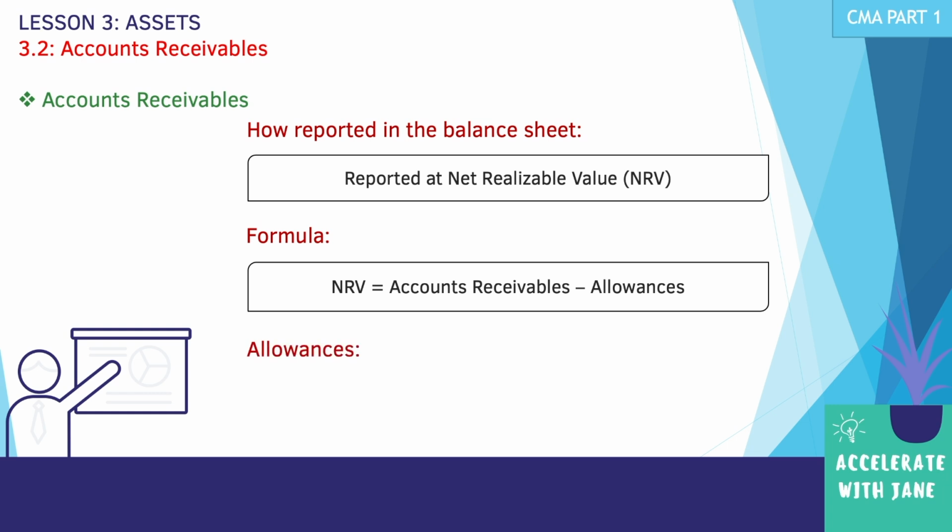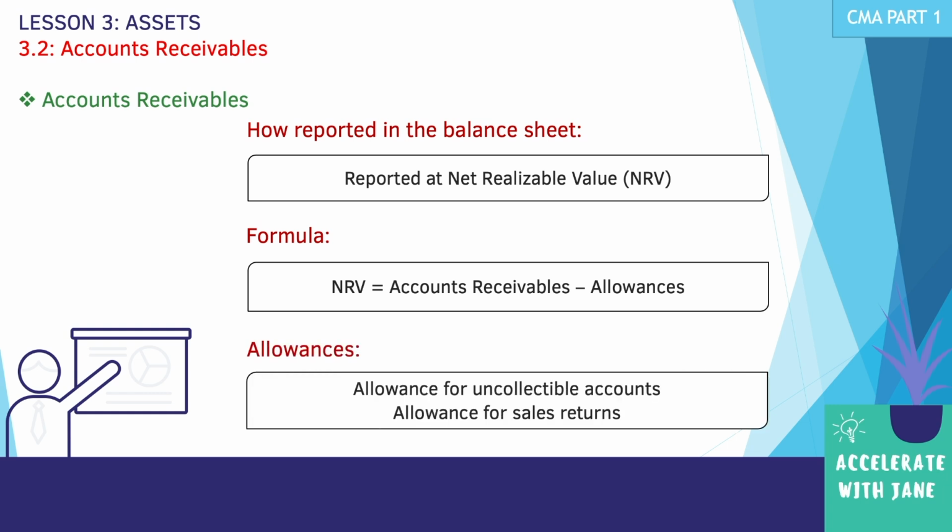What are these allowances? Some examples are allowance for uncollectible accounts and allowance for sales returns. These allowances are also what we call contra receivable accounts, meaning these are deducted from the gross amount of receivables.